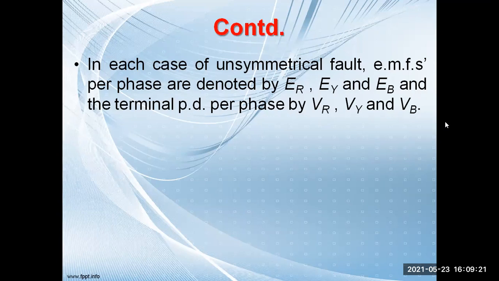Why do we consider this internal EMF? Because at a generator the voltage is generated, so the generated voltage is considered as the internal EMF. The terminal voltage is whatever voltage is available across the terminal of the generator. So that is VR, VY and VB.